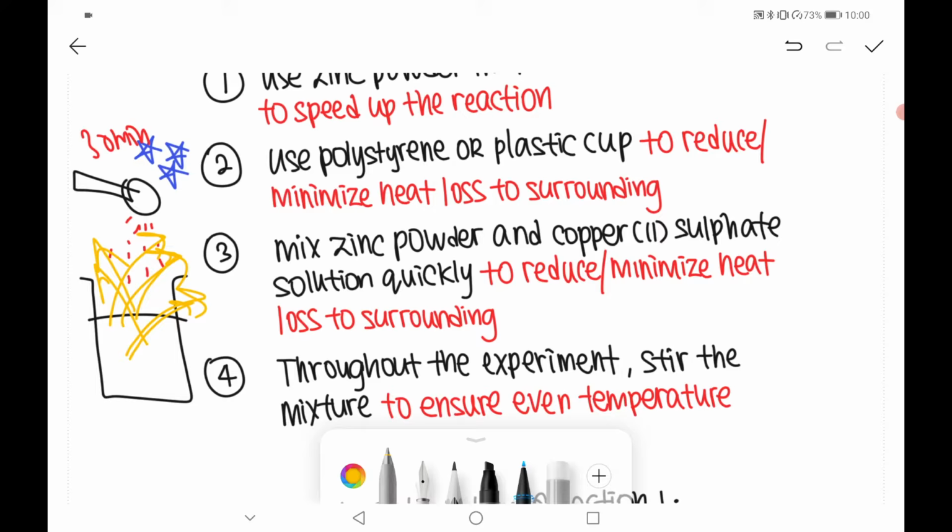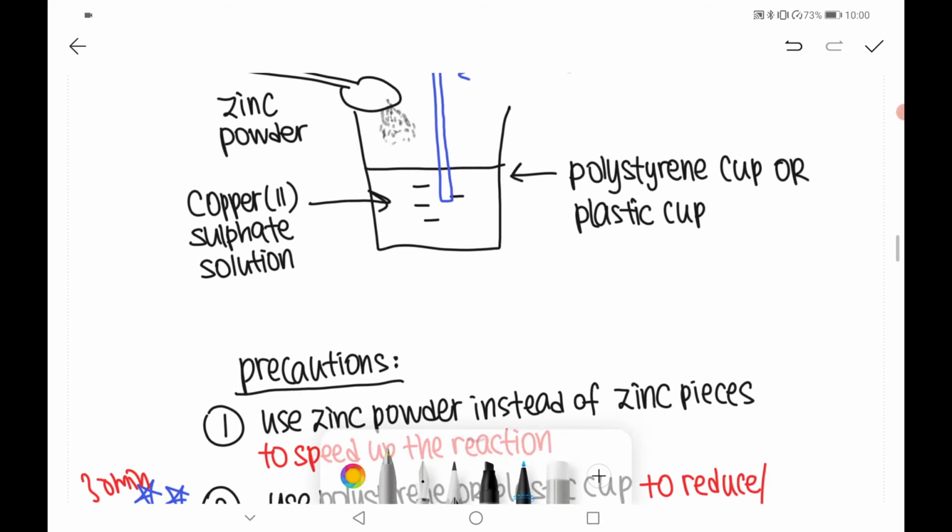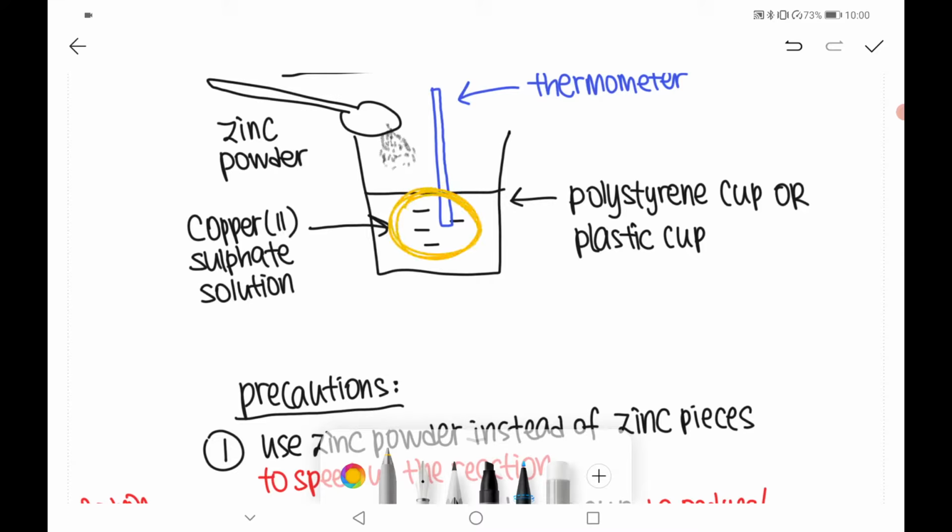We don't want that. Remember, in this chapter, we don't want the heat to run away. When we do the experiment, we want the heat to stay inside the cup. This is the main focus in the experiment. For all experiments that involve heat, we don't want the heat to run away.